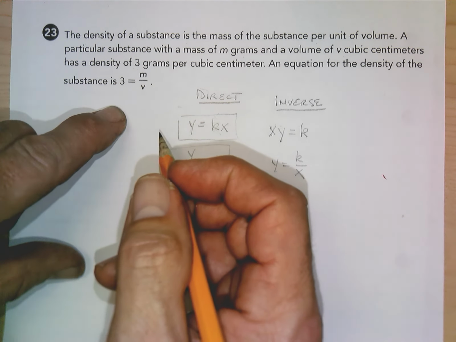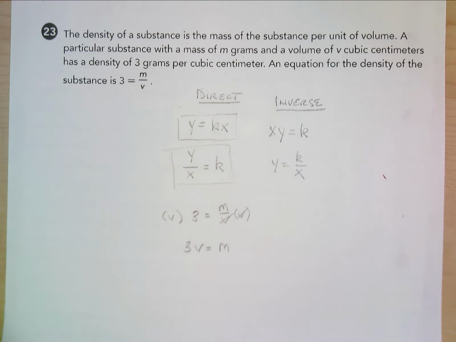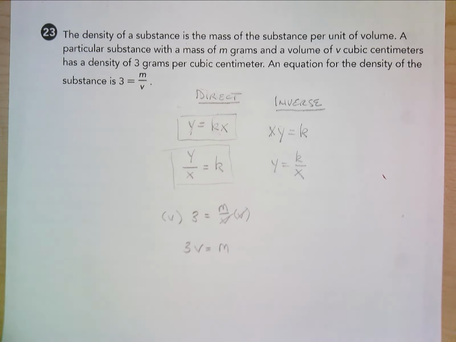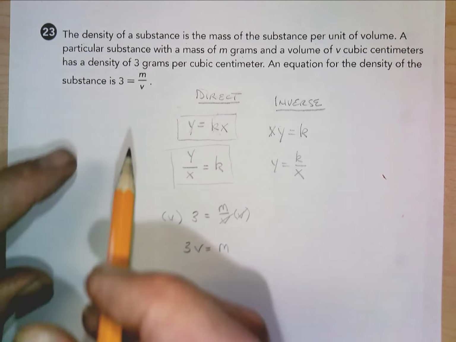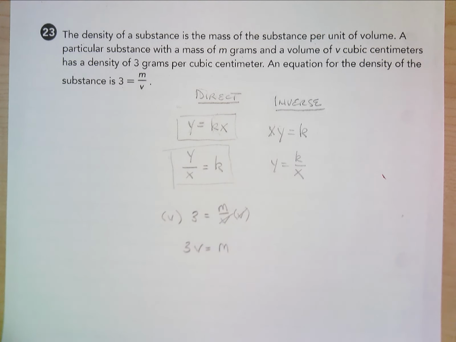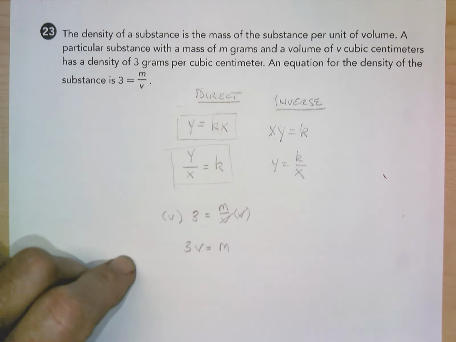And they are written in a ratio. So in order for them to continuously equal 3, as one goes up, the other is going to have to go up with it. So this is what makes this a direct proportional relationship.